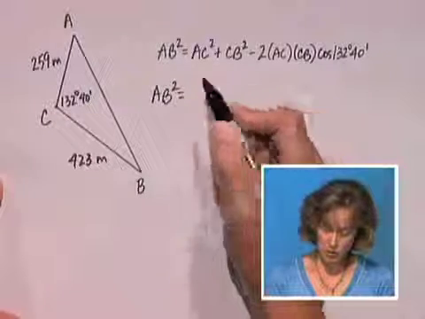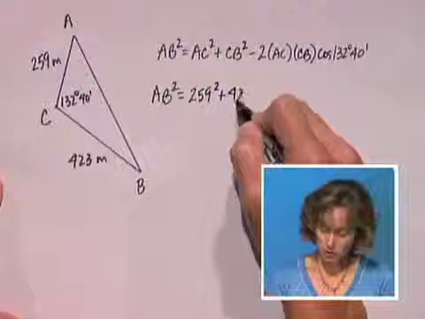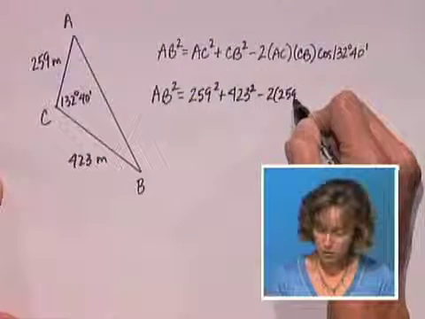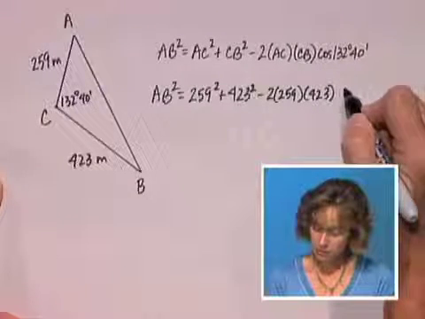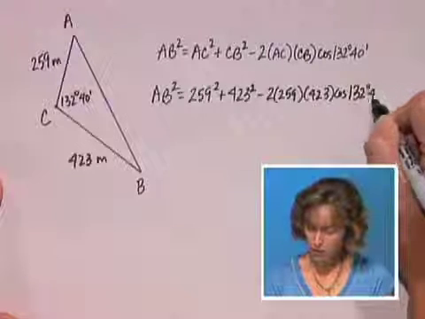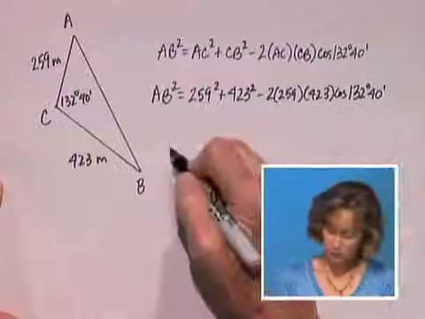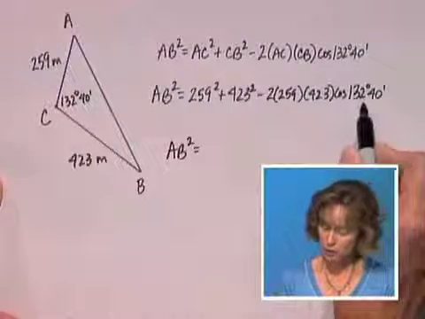Side AB squared is 259 squared plus 423 squared minus 2 times 259 times 423 times the cosine of 132 degrees 40 minutes. I'll want to crunch a number here, and if I do so, make sure your calculator's in degree mode.